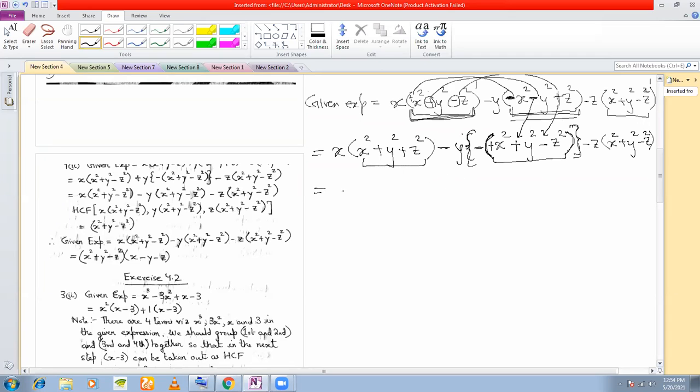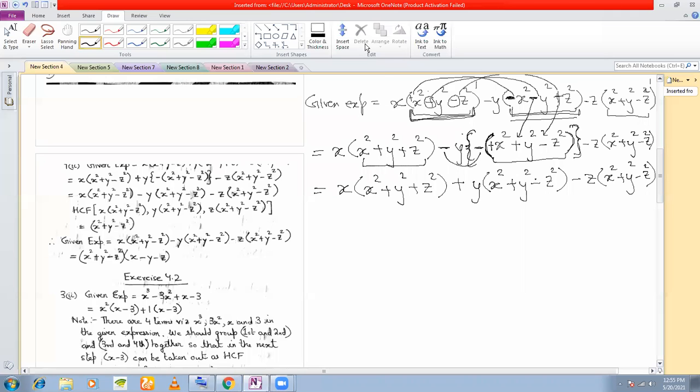So now I write this as x into (x square plus y square minus z square). These two minus signs combine to give a plus sign, so plus y (x square plus y square minus z square), minus z (x square plus y square minus z square).